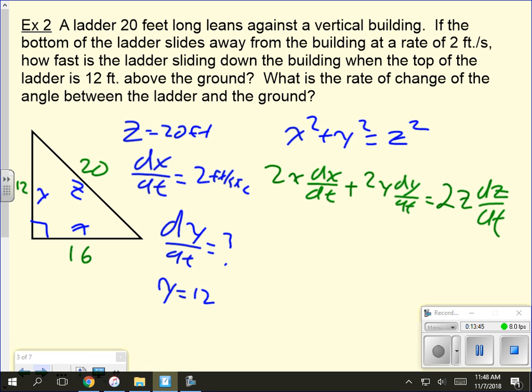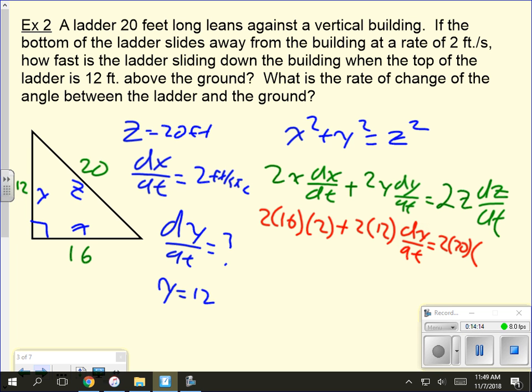Okay, so 2x, x is 16, so 2 times 16 times dx dt, which is 2 feet per second, plus 2 times y is 12, and dy dt is what we're looking for, is equal to 2 times 20 times, what is dz dt?